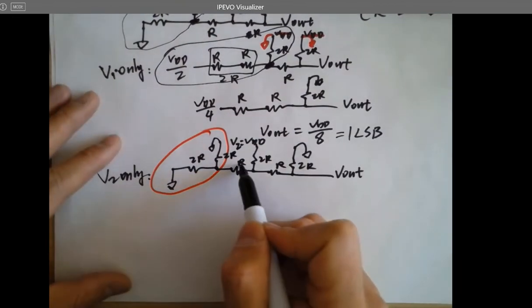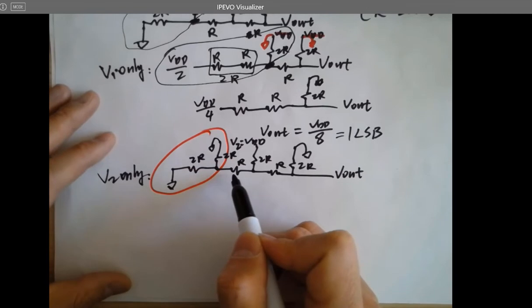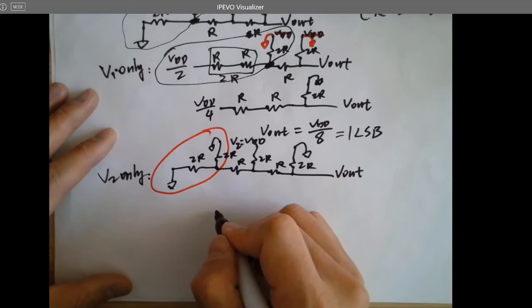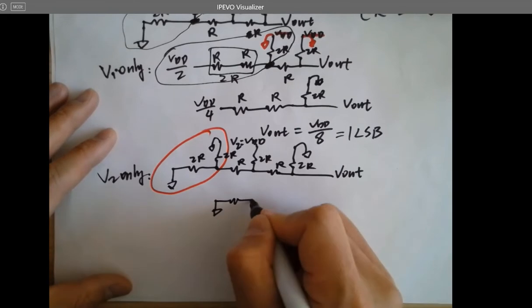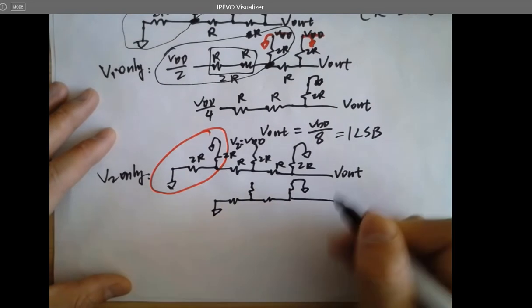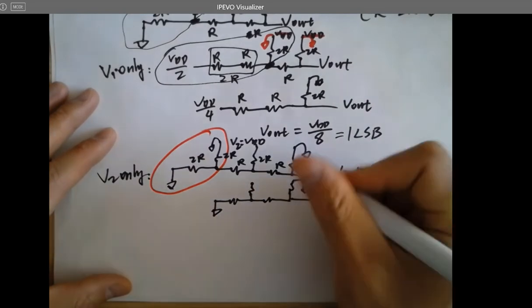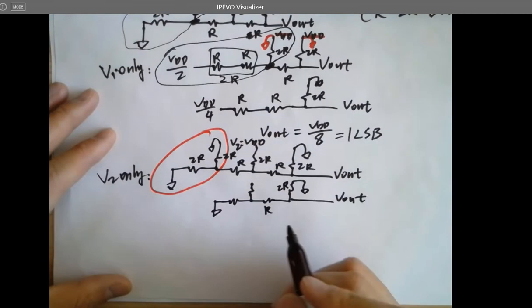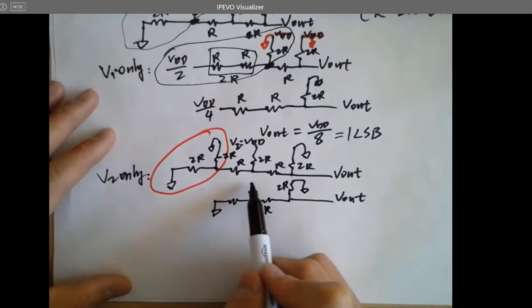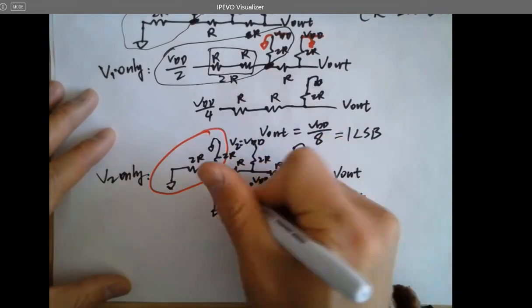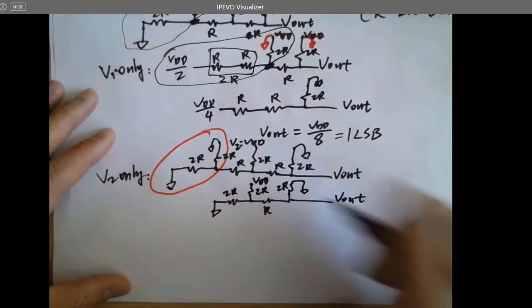And 1R and this R are in series. So it's 2R here. So it's literally this. Here's Vout. This is 2R. It's R. Is this VDD or ground? VDD. This is 2R, 2R, right?